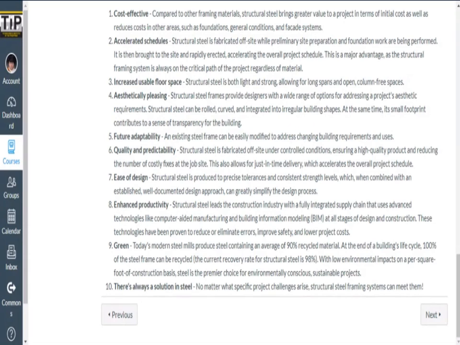The next, increase usable floor space. Structural steel is both light and strong, allowing for long spans and open, column-free spaces. Since we know that structural steel is a lot stronger than concrete, that's the reason why we use them as reinforcement.